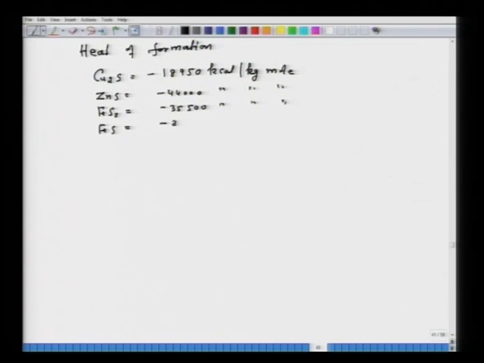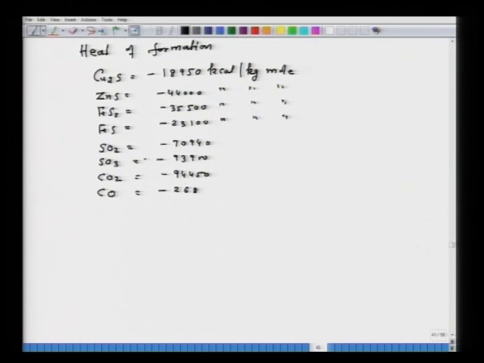FeS minus 23,100 kilocalorie per kg mole, and then you have SO2, SO3, CO2 and CO. SO2 is minus 70,940, SO3 is minus 93,900, CO2 is minus 94,450, CO is minus 26,840. However, these values we will be using when we do the heat balance of the roasting process.